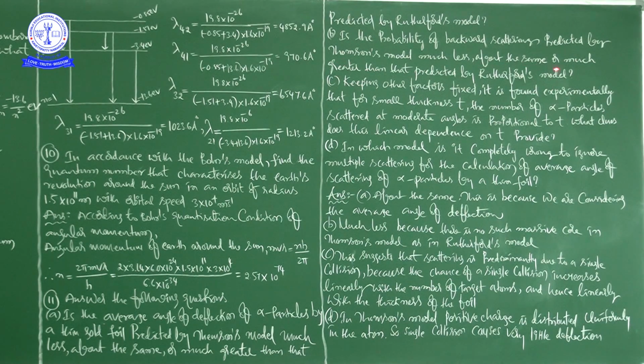What is meant by backward scattering? You know what is meant by backward scattering, right? Backward scattering means scattering of alpha particles at an angle greater than 90 degrees. So out of these three, you have to select one: much less, about the same, or much greater.